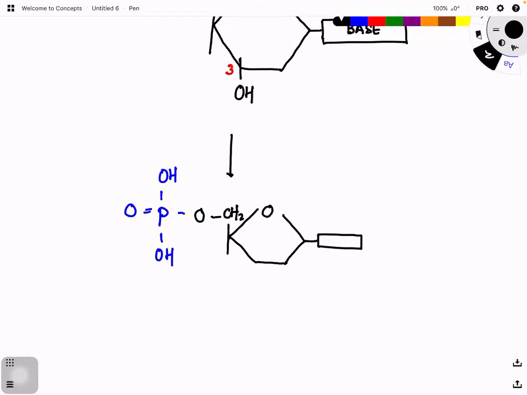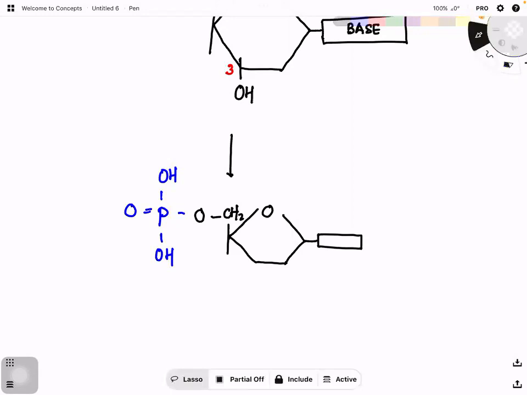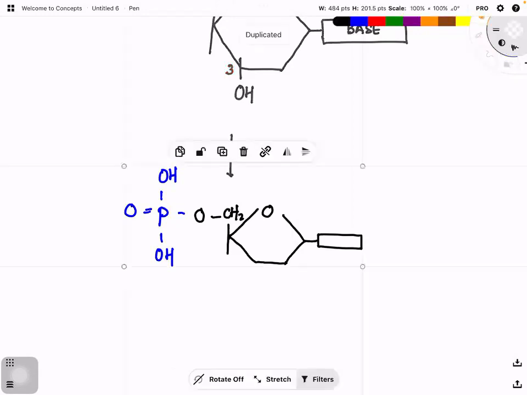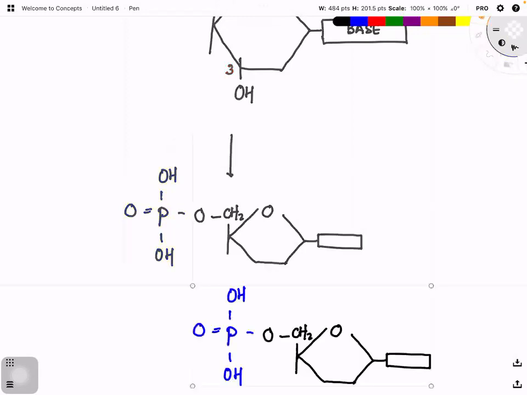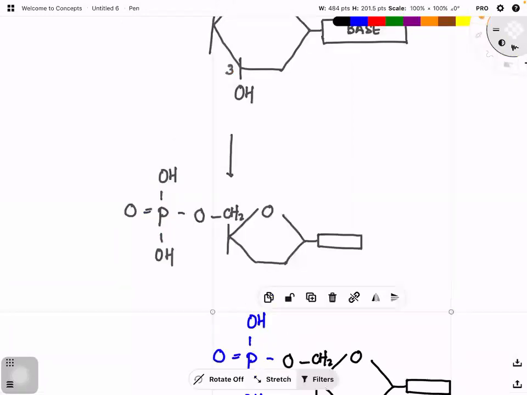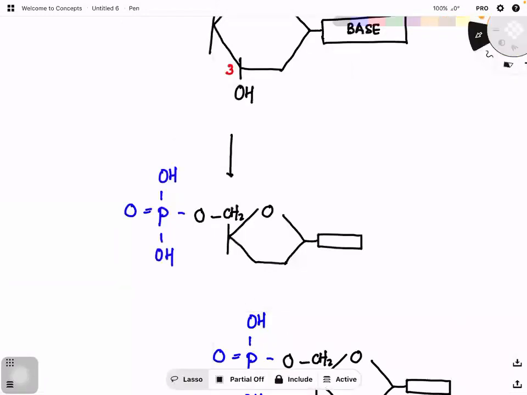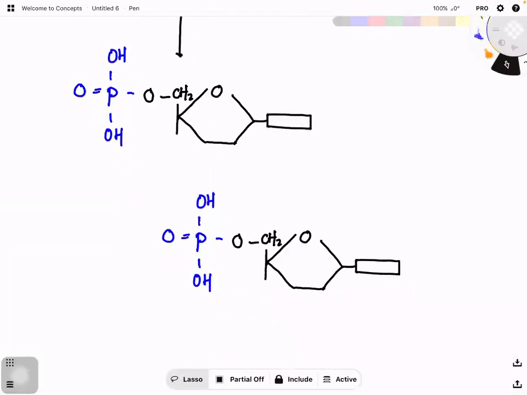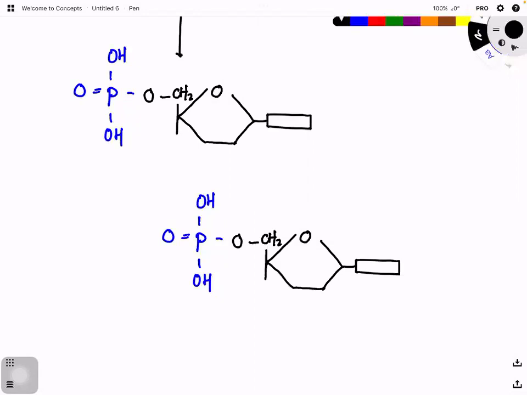Now the process isn't done yet. Look at this. This is a nucleotide. I duplicate it and put it here. What actually happened here is, here is an ester bond, right? The P-O-C1 ester bond. Can you see that?